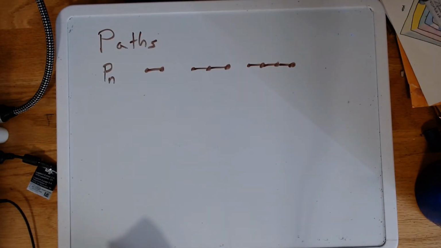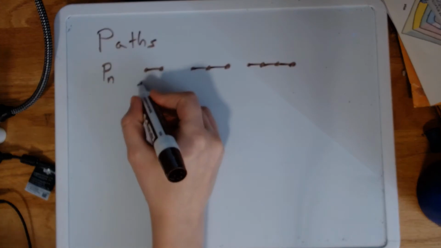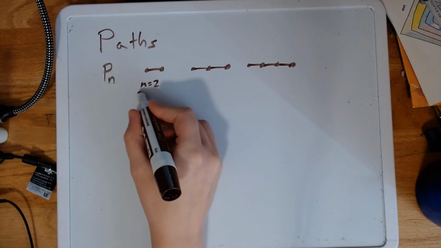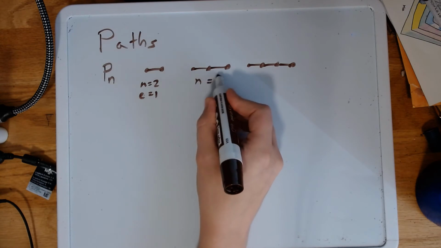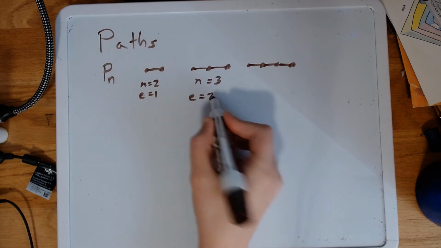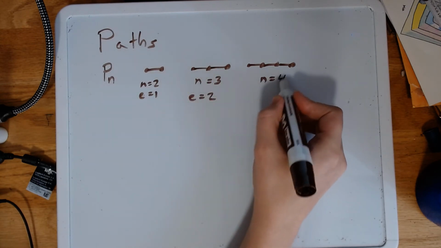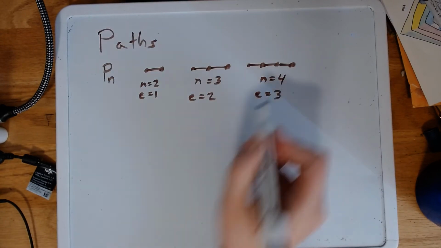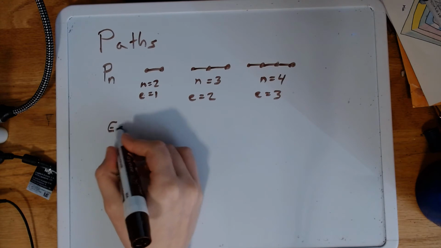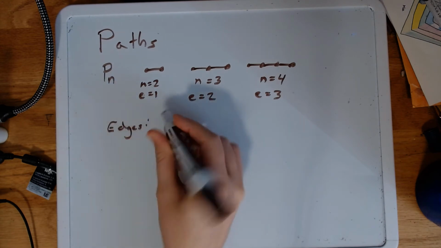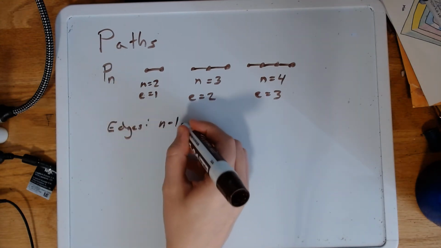Let's go through and look for a pattern, that's a good way to do this. Here we have n equals 2, and let's use e for the number of edges. e is 1. Here n is 3, and e is 2. Here n is 4, and e is 3. So at this point, you should be suspicious. It sure looks like there are n minus 1 edges.